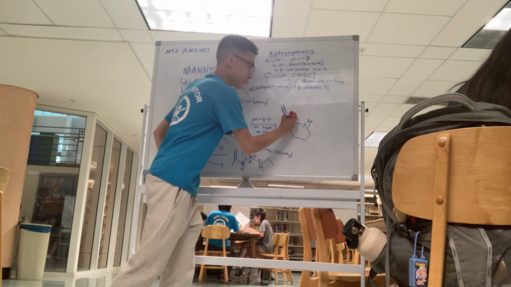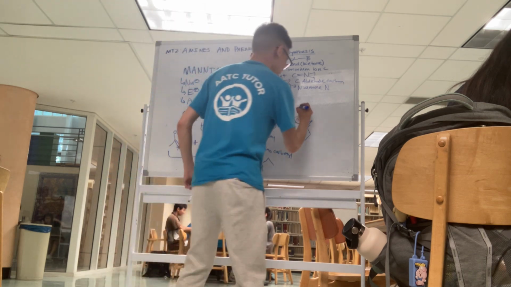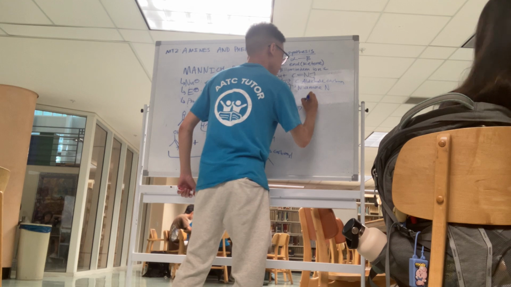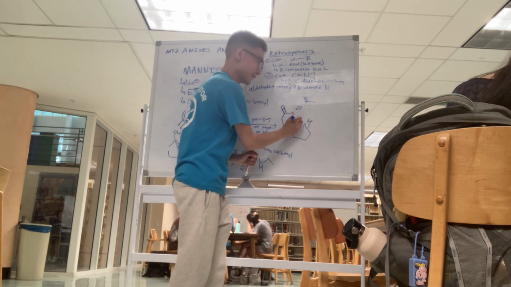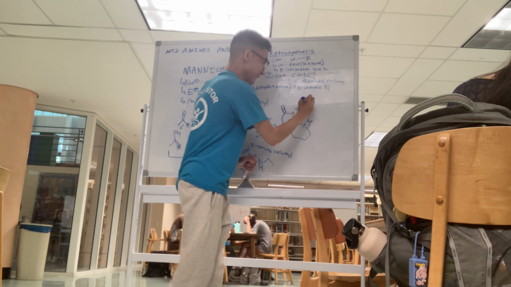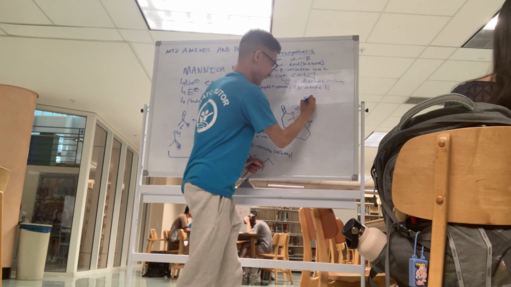Same first step, make that cut between the alpha and beta carbon, go backwards. What was this carbon right here, the beta carbon after we make that cut? Yeah, the double bond iminium thing.